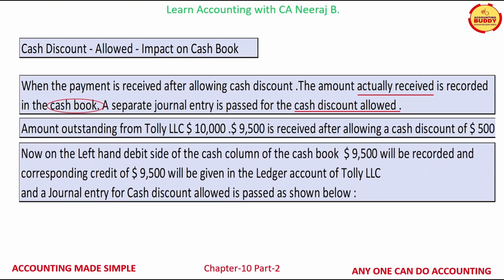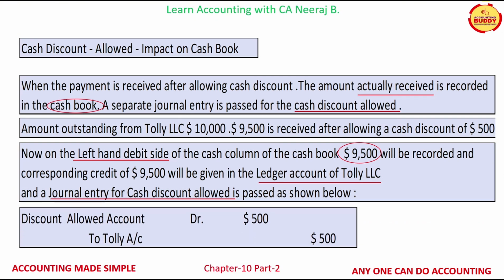Now on the left hand debit side of the cash column of the cash book, $9,500 will be recorded and the corresponding credit entry of $9,500 will be posted in the ledger account of Tully LLC. And a journal entry for cash discount allowed is passed as shown on your screens. Debit cash discount allowed account and credit Tully account for $500.